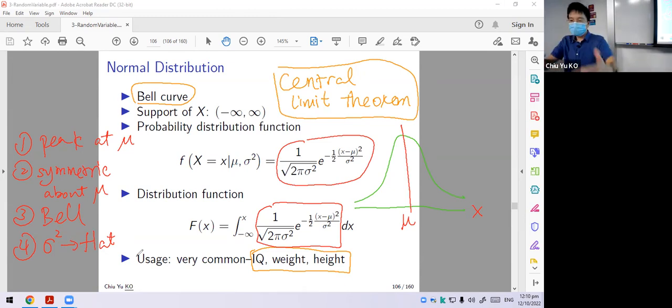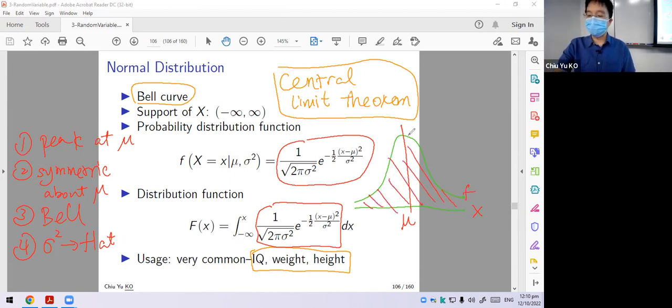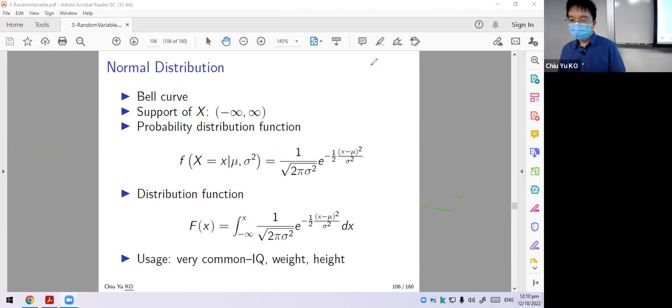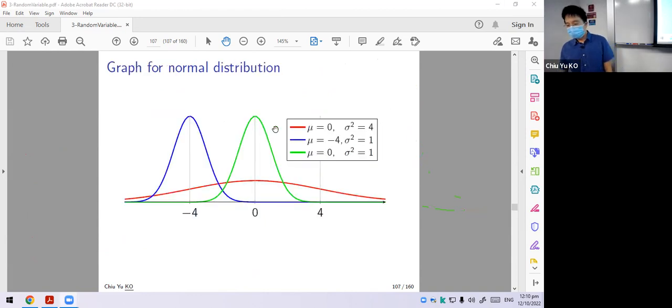Because the area under the curve f is always 1, if you make it taller, then it must be thinner at the tails. That can be obtained from this graph.